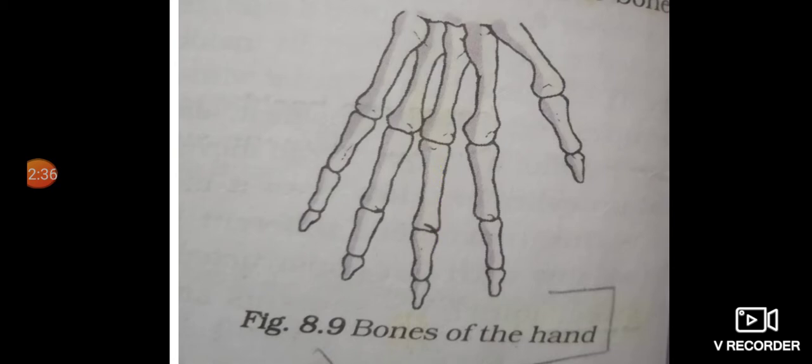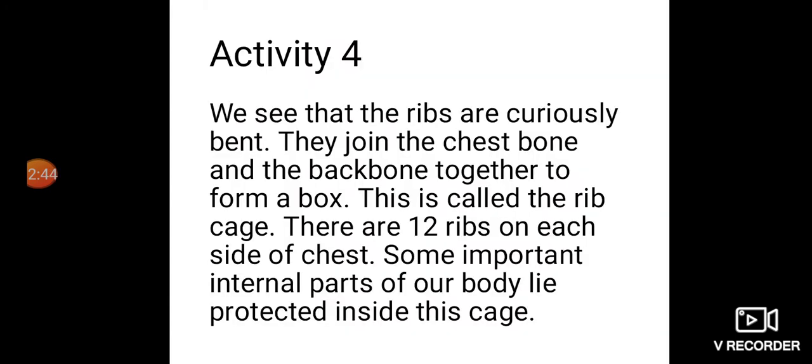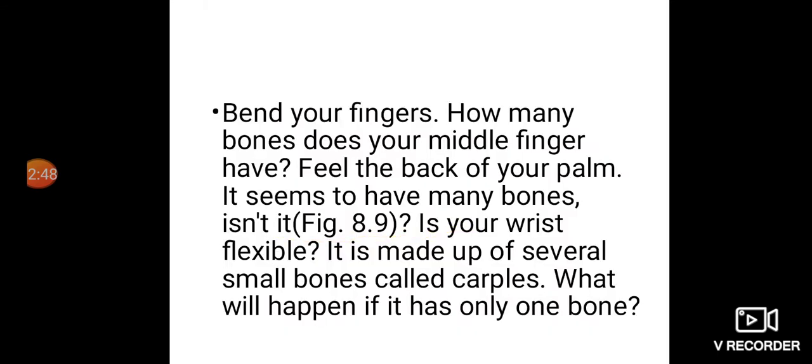So, it is made up of several small bones. What are they called? They are called carpals. So what will happen if it has only one bone?